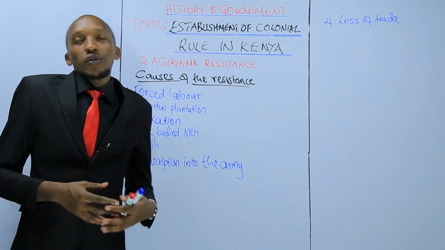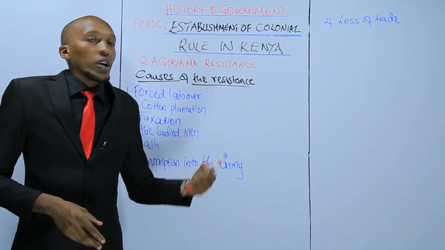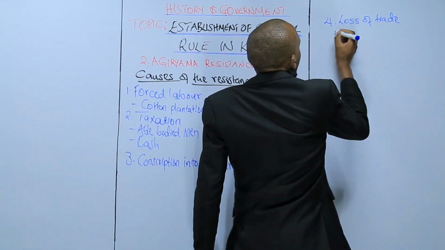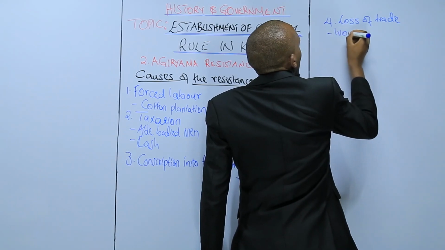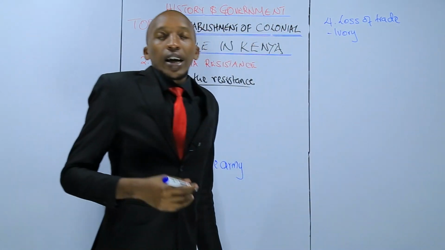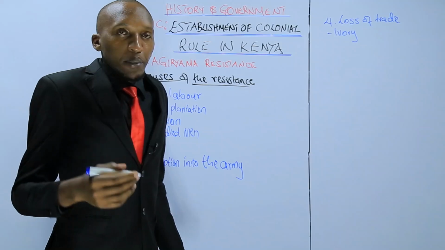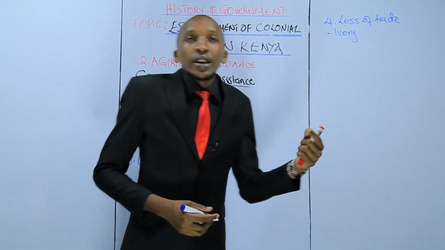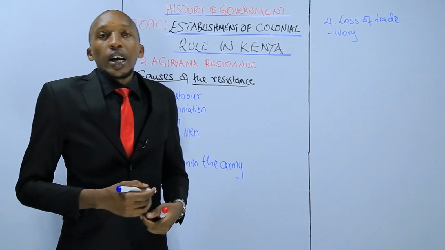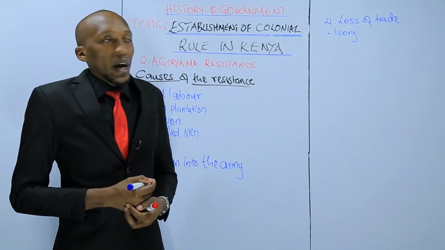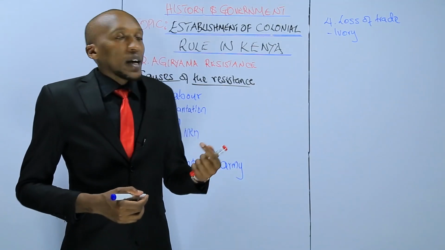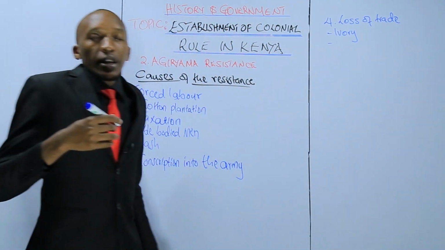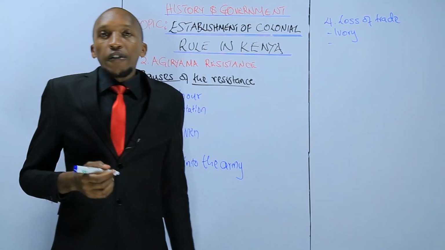So with the coming of the British, they abolished that trade. Remember, they were engaging in the sale of ivory at the coast, which was very popular at that time because it had a very high market in the Asian part of the world. So ivory was very common there, and it was lucrative business for them.